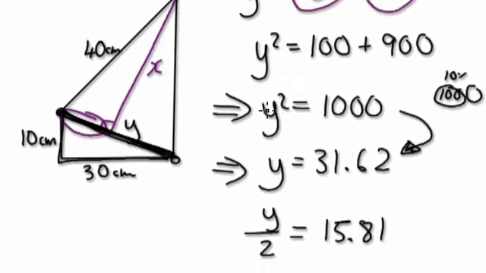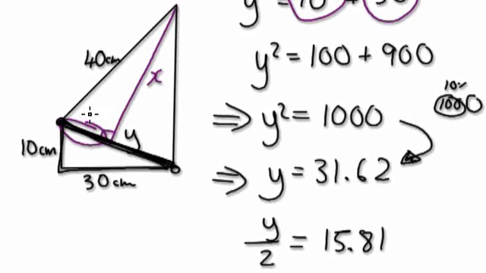So this side of our triangle here is 15.81. Now look at the tall triangle here. Now we're just looking at the tall triangle, and the hypotenuse.